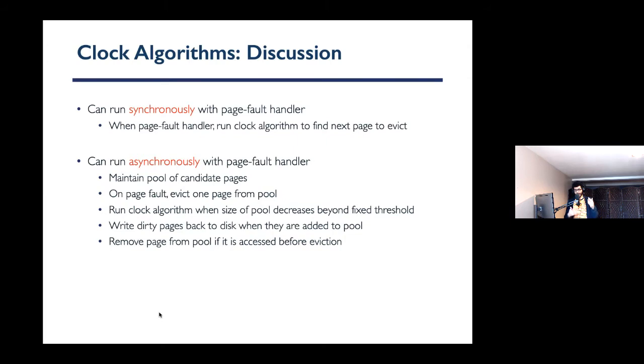You don't wait for a page fault to happen to find a victim. So you basically keep a list of victims at every given time, because your clock algorithm is running in the background, and you hold this list. Every time a page within the list is accessed, you can just remove it from the list.